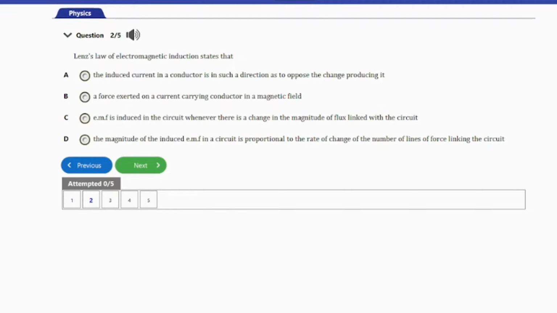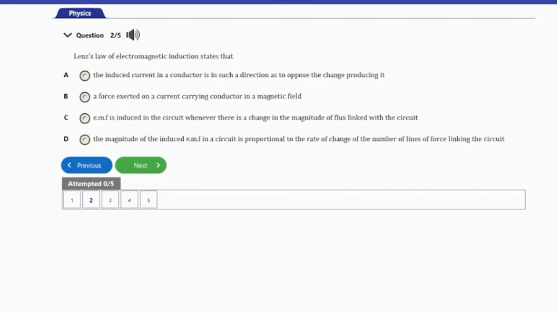It says, Lenz's law of electromagnetic induction states that A. The induced current in a conductor is in such a direction as to oppose the change producing it. B. A force exerted on a current carrying conductor in a magnetic field.